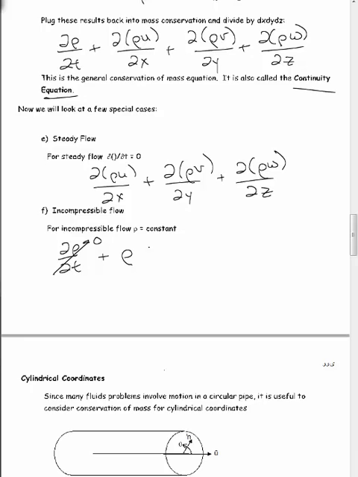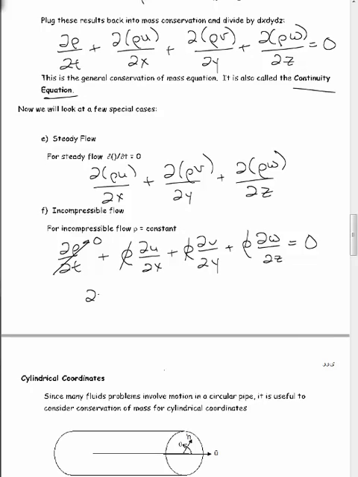And then rho comes out here, and you get du/dx, rho dv/dy, plus rho dw/dz equals, oops, I forgot my equals 0 up here, equals 0. Okay, so if we get rid of that, then we have rho's in each one of these terms and 0 on the other side, so we can cancel it out.